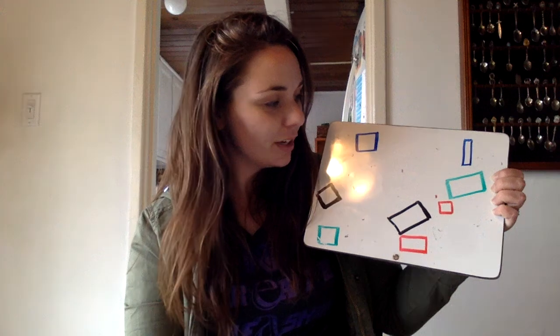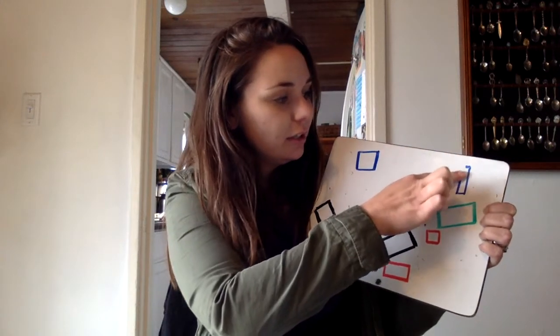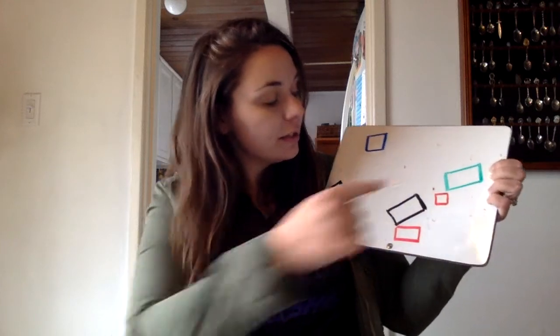All right, you ready for my clue? Okay. In my shape, all the sides are the same. So what can I erase? Did you say I could erase rectangles? You got it. So I can erase this rectangle because it has different sizes or different lengths. This is a rectangle.